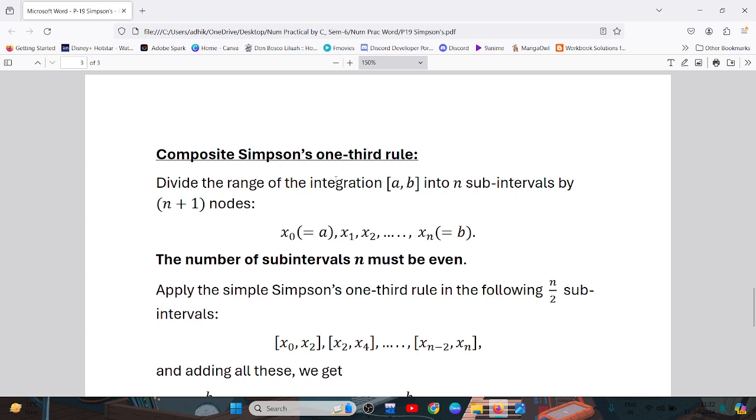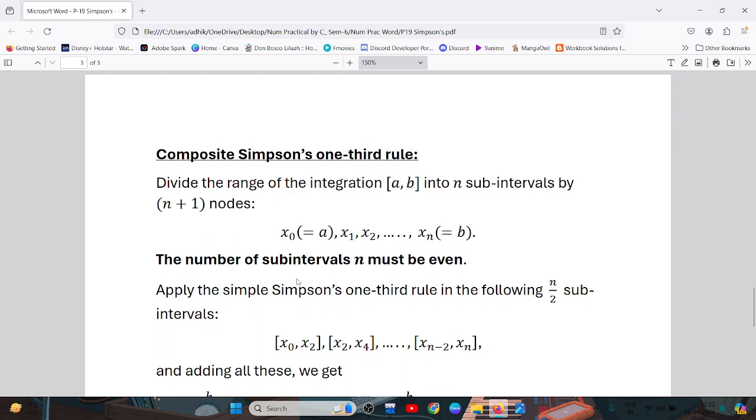Now the composite Simpson's one-third rule. We divide the range of integration a to b into n sub-intervals by n + 1 nodes: x0 = a, x1, x2, ..., xn = b. The number of sub-intervals n must be even.